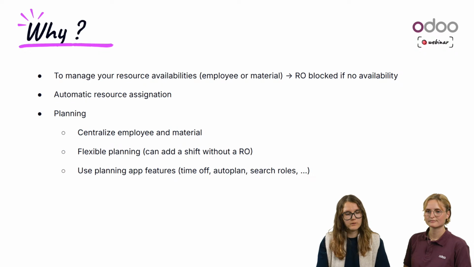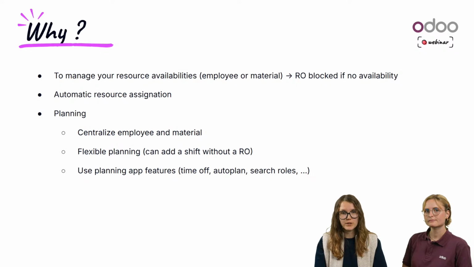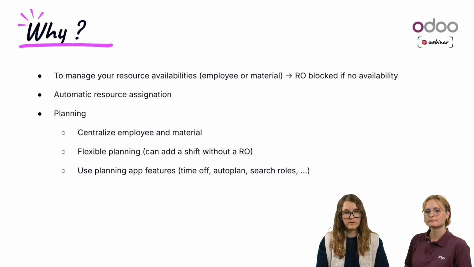For example, if you are renting some rooms and you have 3 rooms that are exactly the same, you're going to be able to allocate the rental to one of those 3 rooms, and this will be done automatically, so you don't need to select it manually every time. It's the same for your employees. If you have, for example, 3 employees who can do event management, it will automatically assign the shift to one of those 3 employees.